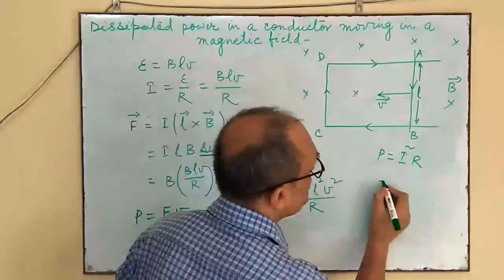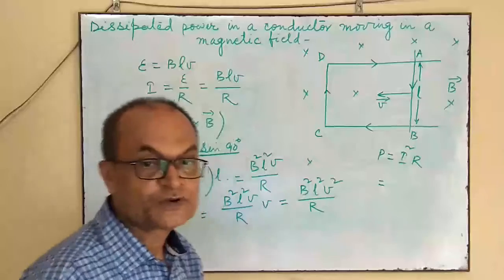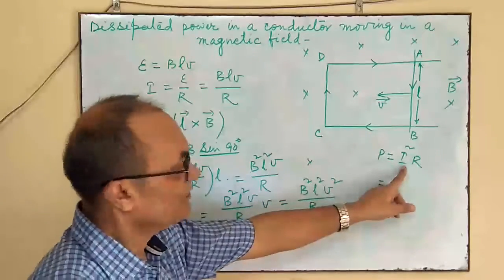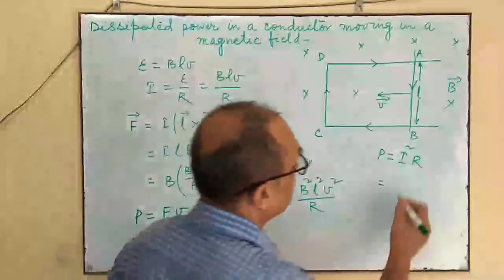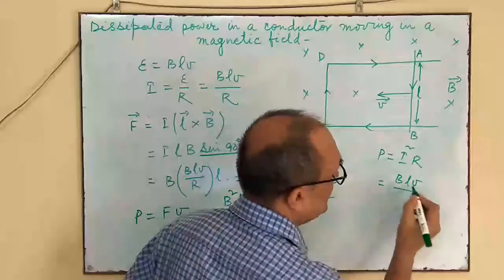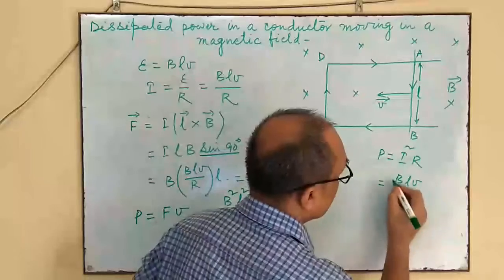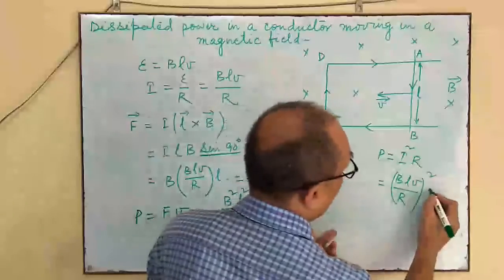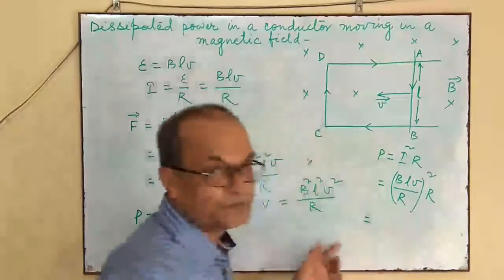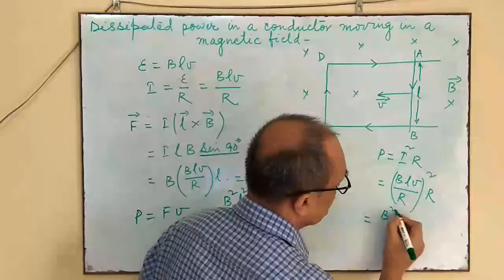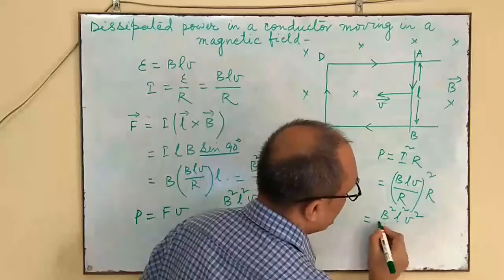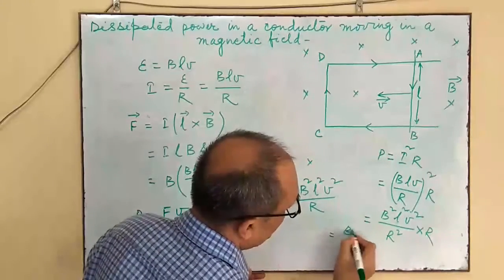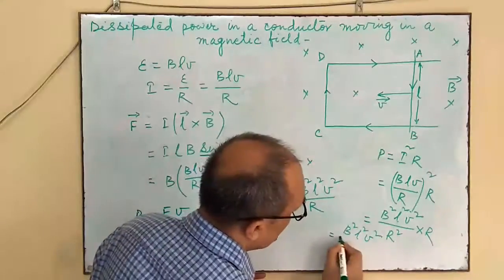So this will be equal to BLV by R, the whole square, into R. This equals B square L square V square by R square into R, which equals B square L square V square by R.